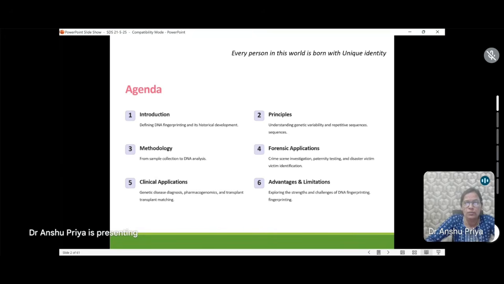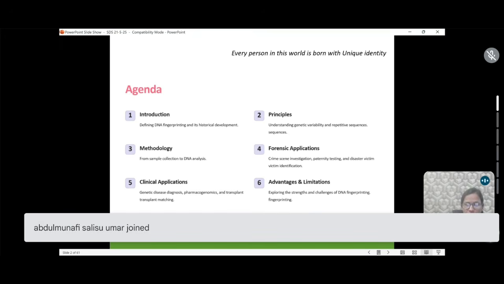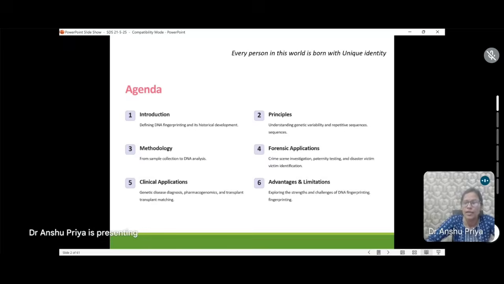Apart from that, we'll also discuss forensic applications like crime scene investigation, paternity testing, disaster victim identification, and many more applications of forensics. And apart from forensics, I will also discuss the clinical applications of DNA fingerprinting. Each technique has some advantages and limitations, so obviously we'll discuss the advantages and disadvantages of this technique also.